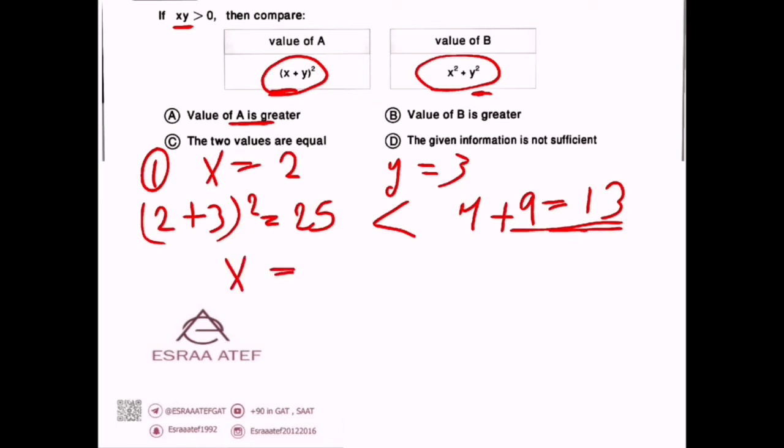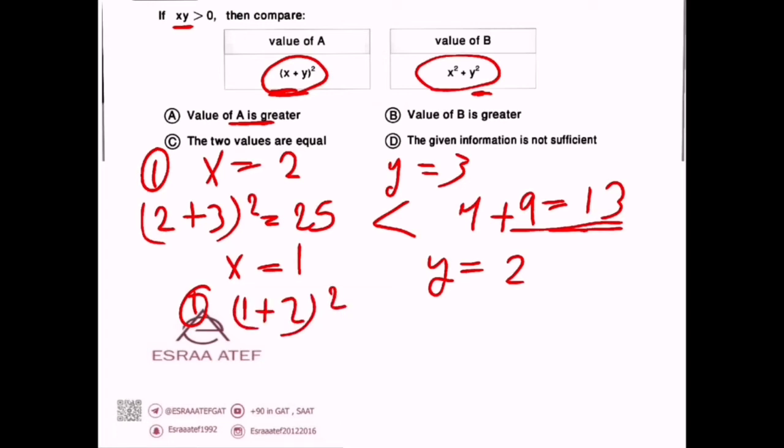If we say that x is 0 and y is another number, we can't, because 0 times 1 will not be bigger than 0, so we can't suppose this. If we suppose a negative number with a positive number, the result will be negative, so it can't be more than 0. If we suppose that x equals 1 and y equals, for example, 2, we get the first value, x plus y squared, which is 1 plus 2 squared.